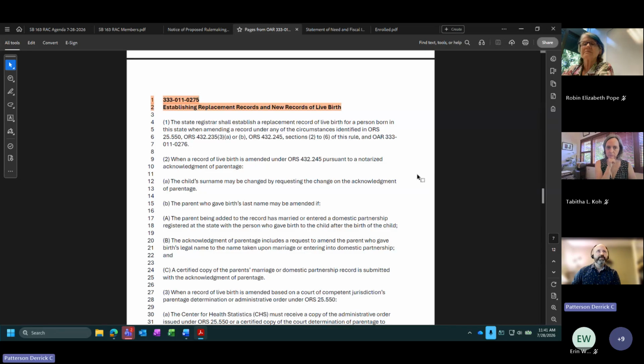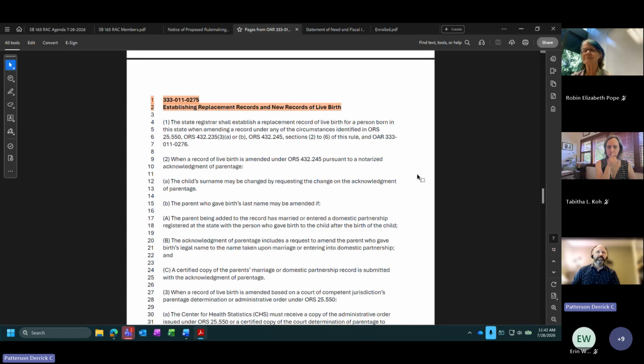All right, section 2. When a record of live birth is amended under ORS 432.245 pursuant to a notarized acknowledgement of parentage, A, the child's surname may be changed by requesting the change on the acknowledgement of parentage. B, the parent who gave birth's last name may be amended if A, the parent being added to the record has married or entered a domestic partnership registered at the state with the person who gave birth to the child after the birth of the child.